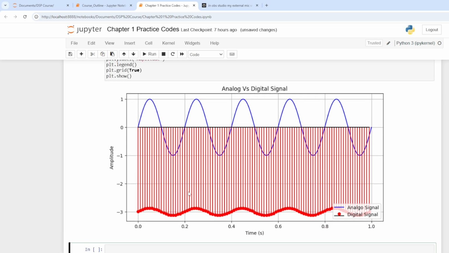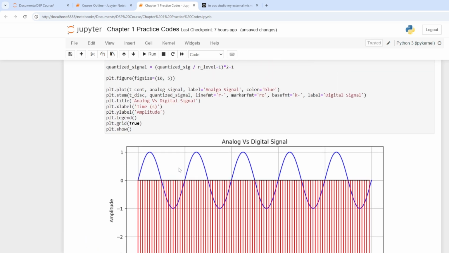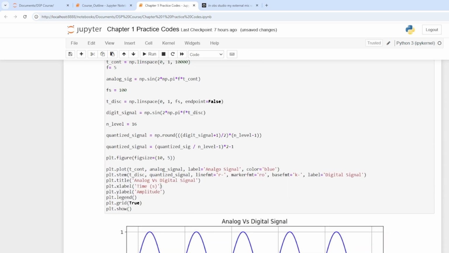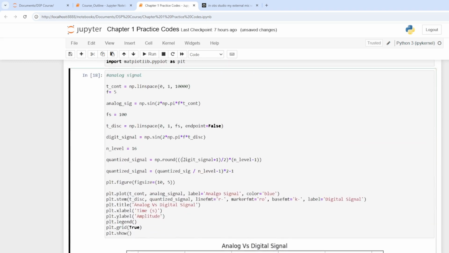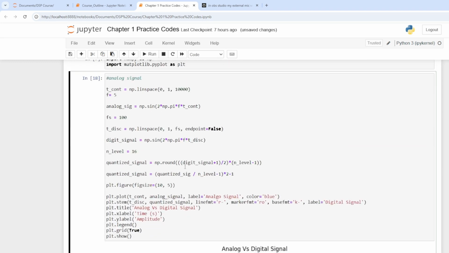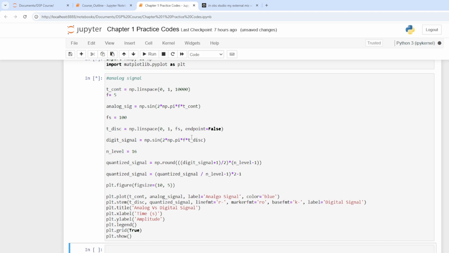Okay, so we have a little bit of problem here. We have -1 to 1, which is correct, but we have the signal between -3 to 3. Let's have a look at, maybe we did some, so no, this is some sort of incorrect thing.